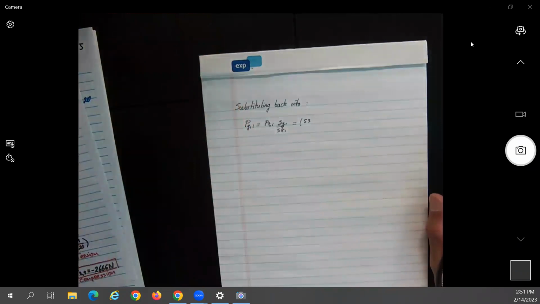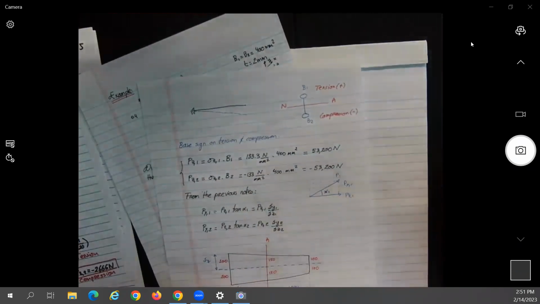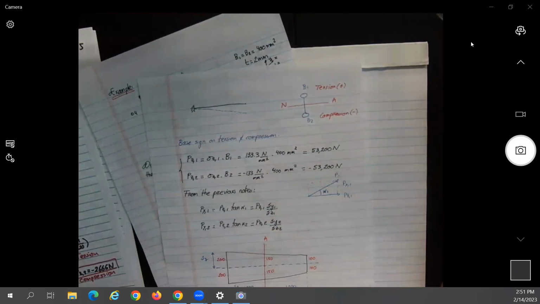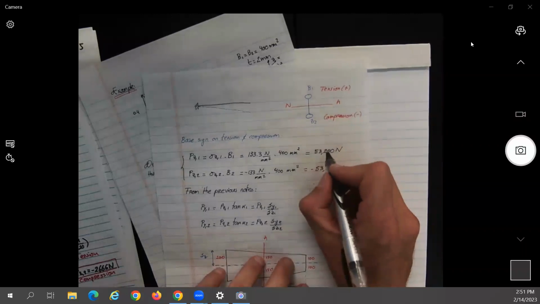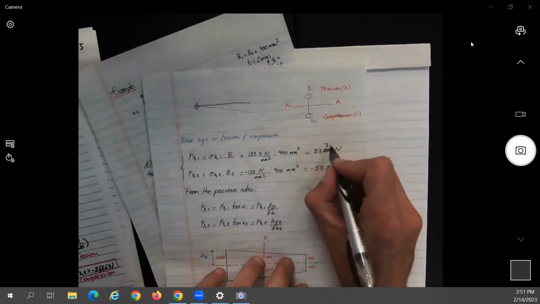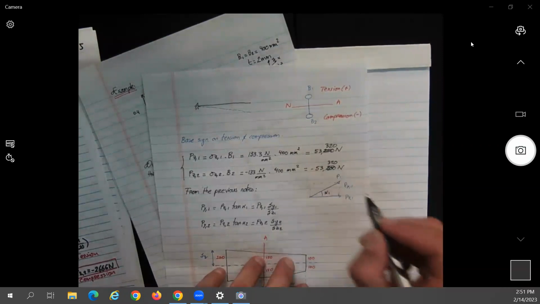No, but before, how much was this one here? The 400 and 133.3? Is that correct? Or is it 320? It's 320, yeah. So, 320. So this should be 53,320, no? Yes. You see? 320.